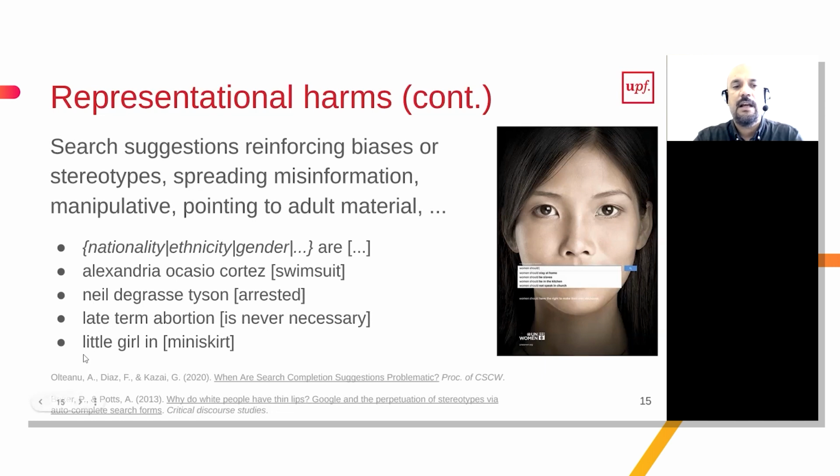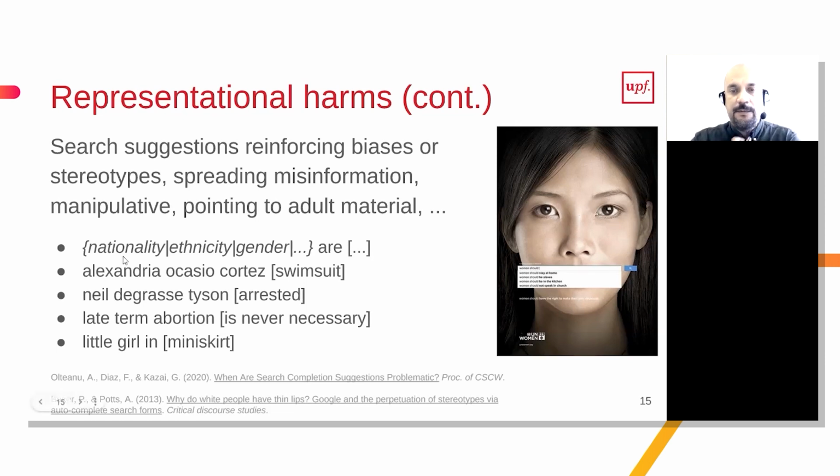So, for instance, there are recommendations that are very inappropriate, like for instance, you search for Alexandria Ocasio-Cortez, she's a US politician, and then the search engine recommends to complete this with something that doesn't represent properly the fact that she is a politician, right? Or Neil deGrasse Tyson, he's a science communicator, he's black, and the completion is arrested, right? It's not really correct.